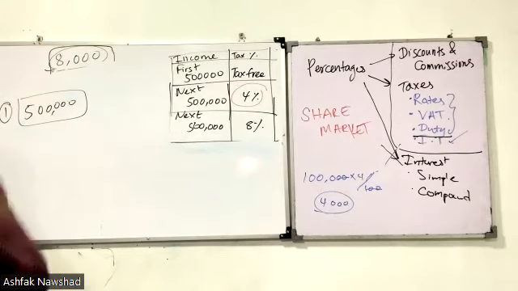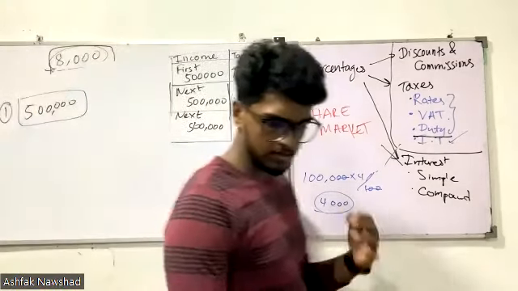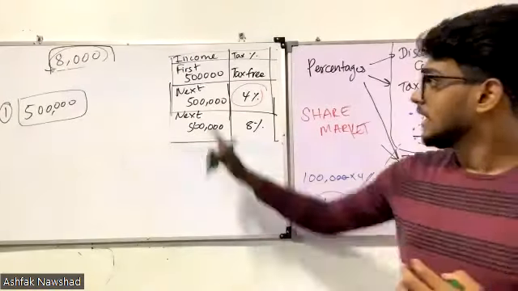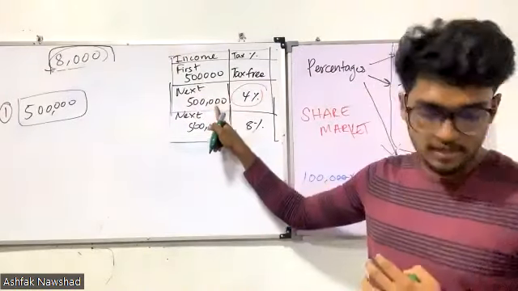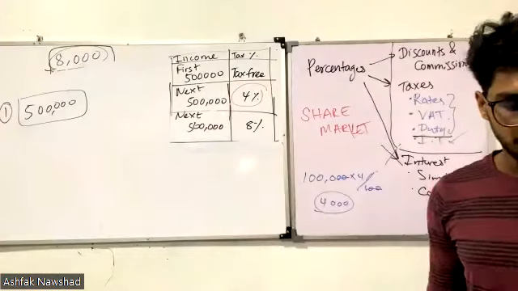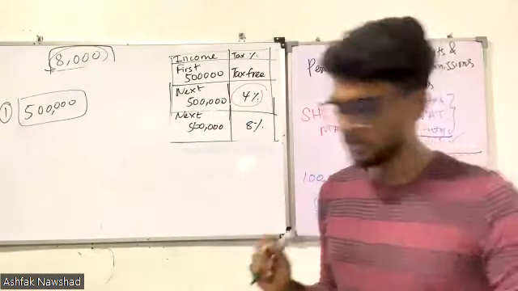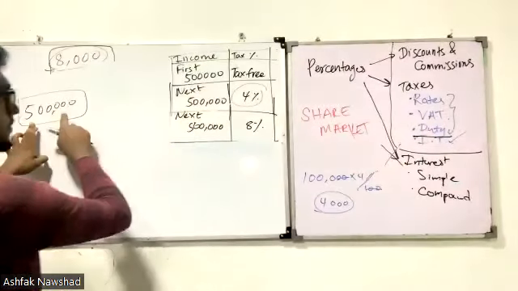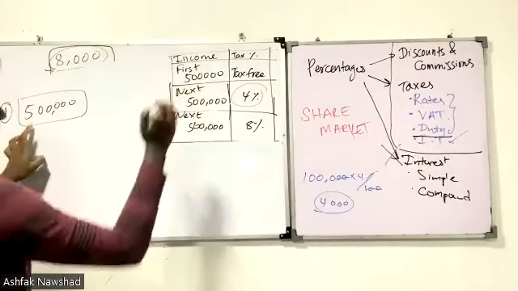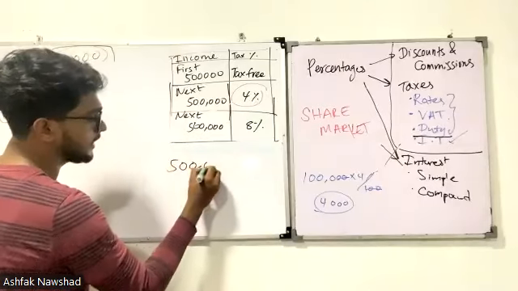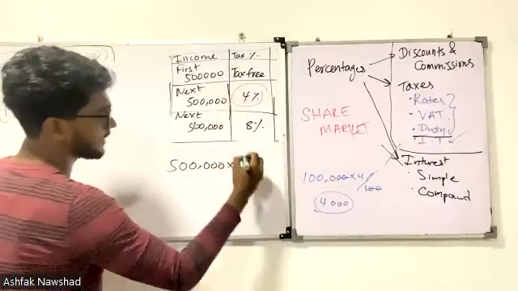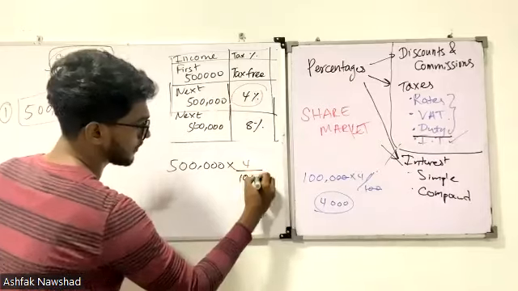So he already earns 500,000. Right? So let's see, if he earns another 500,000, how much he has to pay? We don't know his income yet. I'll assume that he earns another 500,000, and I'll calculate the tax.